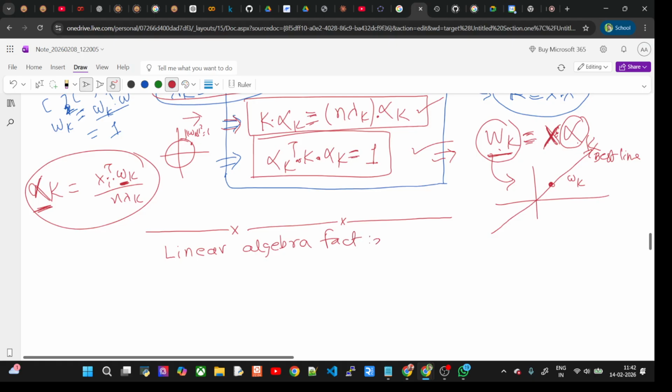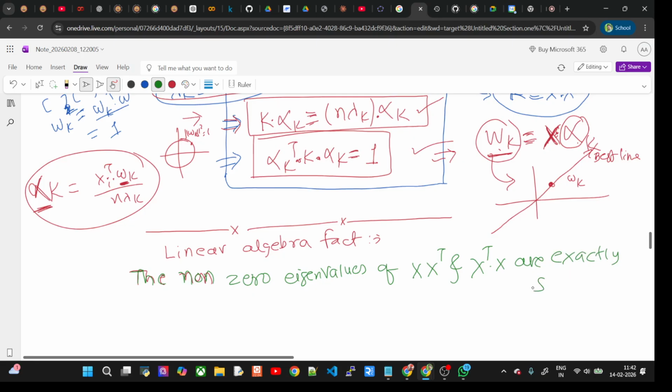What we derived is that the non-zero eigenvalues of X into X transpose and X transpose into X are exactly the same.